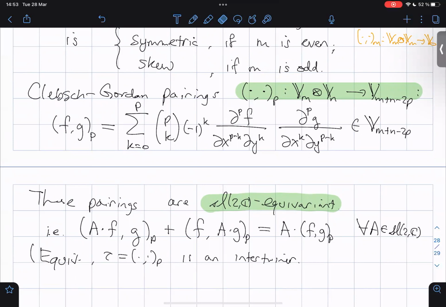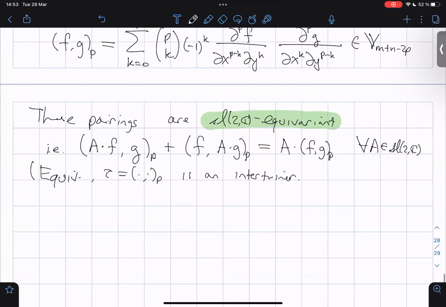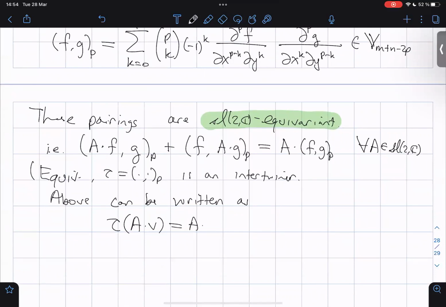The above can be written as A dot the pairing of V equals the pairing of A dot V, where V is this tensor product.